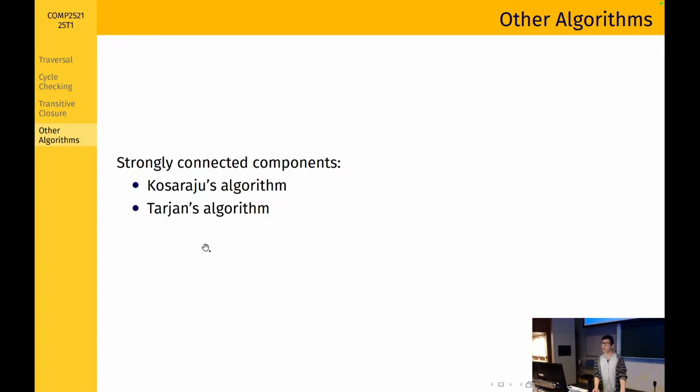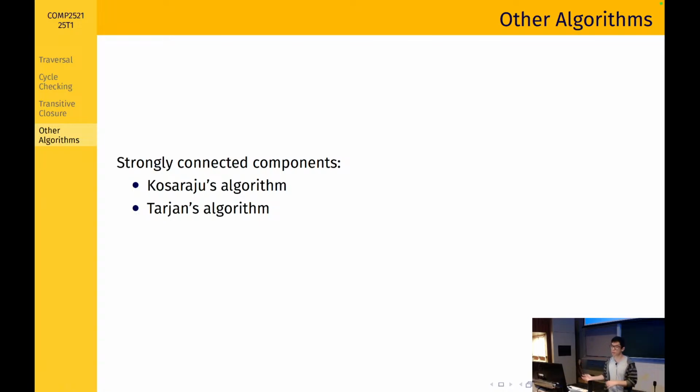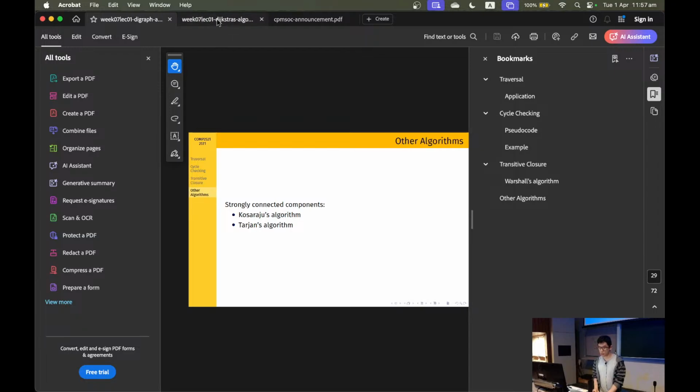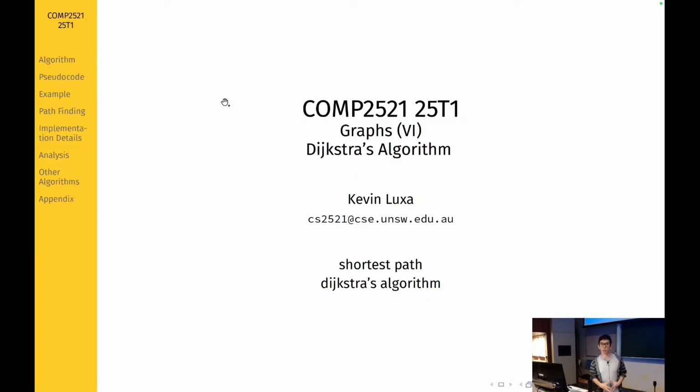You might learn these in future courses if you take them. All right, but otherwise, that is digraph algorithms. So after the break, we're going to switch gears and talk about Dijkstra's algorithm, which is an algorithm on weighted graphs. We'll take an 8-minute break, and we'll come back at 12:05.